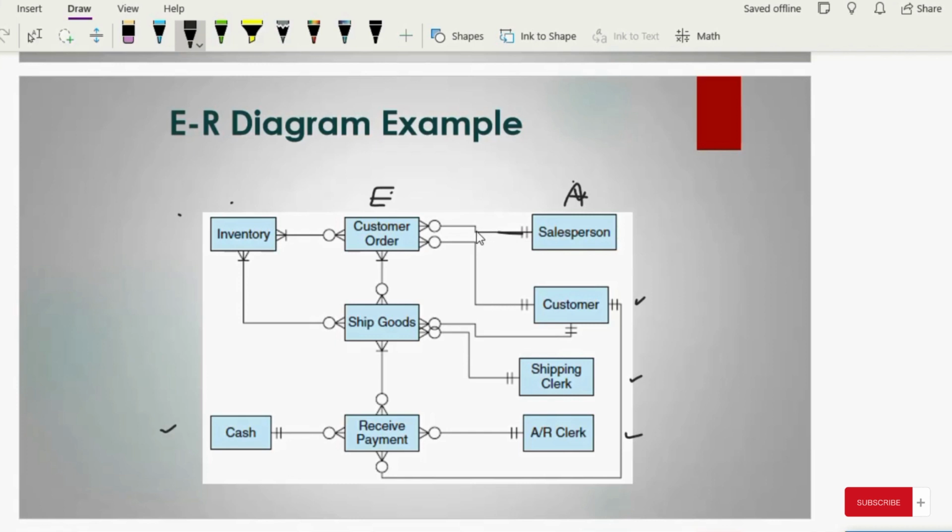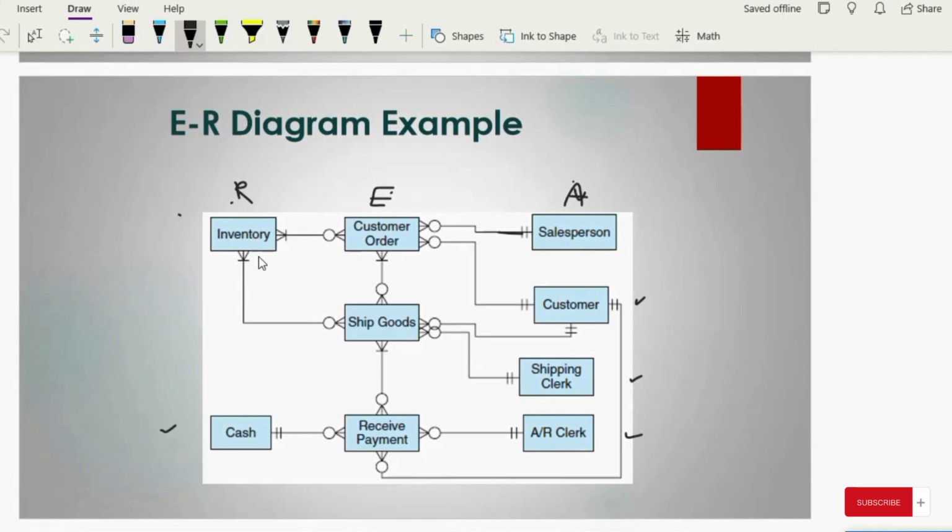This salesperson is processing this customer order. So basically, customer order is the event which is created and processed with the help of 2 agents. One is internal, that is salesperson. The other one is external, that's a customer. And this customer order is going to use a resource, that is inventory.